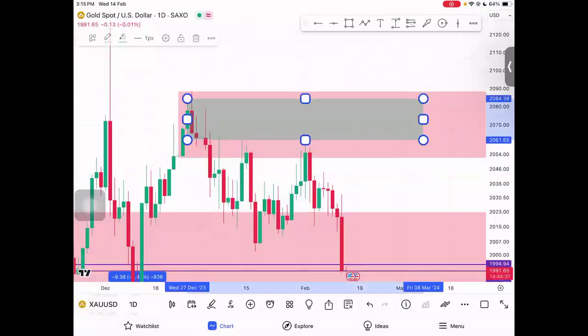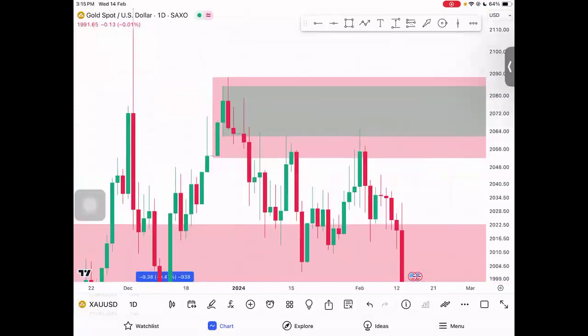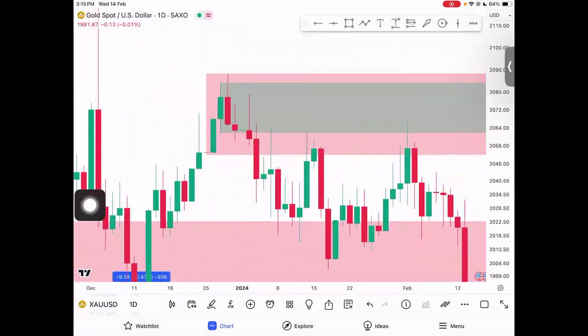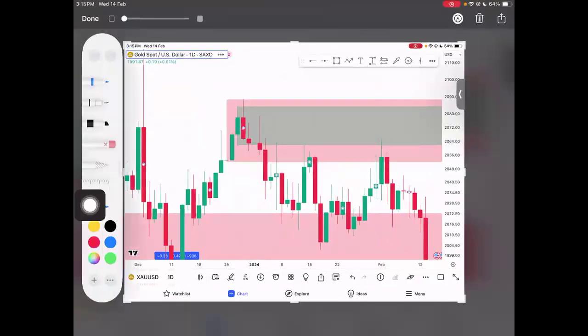Inside here, the first one. Because we want to take this rate. We're looking for this kind of sell. Then after that we go here.